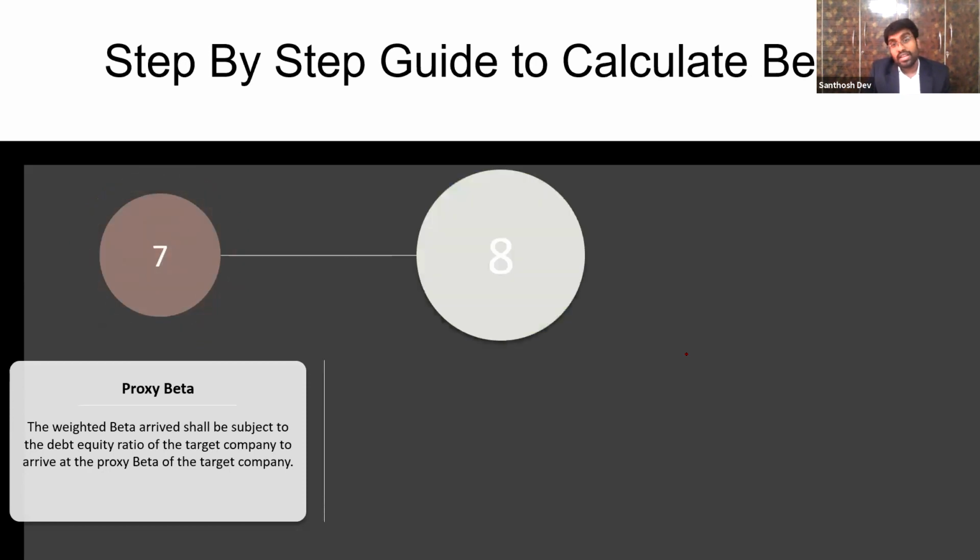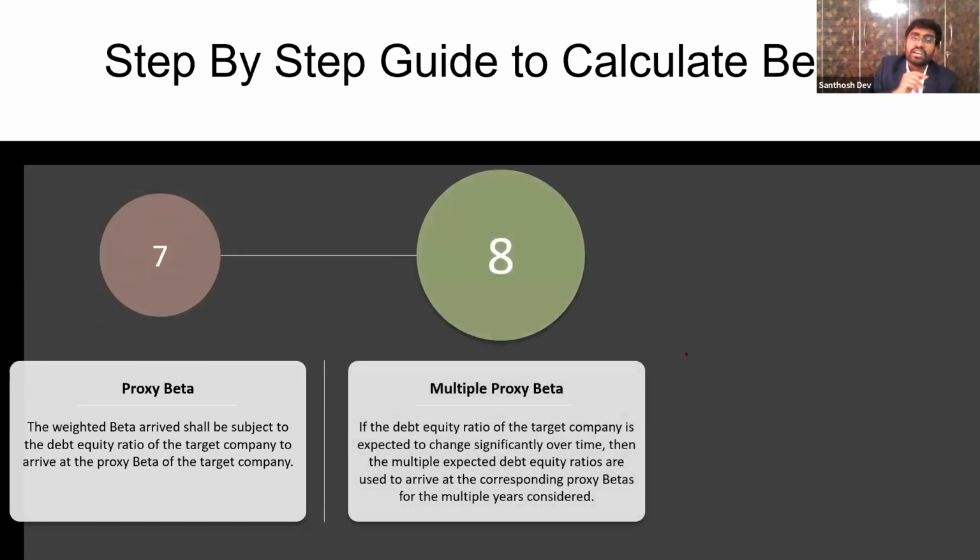Now this proxy beta, when you levered it, you levered it for one structure. As we discussed earlier, we have been levering it for one debt equity ratio as it stands today, but not necessarily do you have to do it as of today. In the next 5 years, there will be changes in the balance sheet. The debt and equity structure for the next 5 years is going to be different. You can factor that in by using multiple betas.